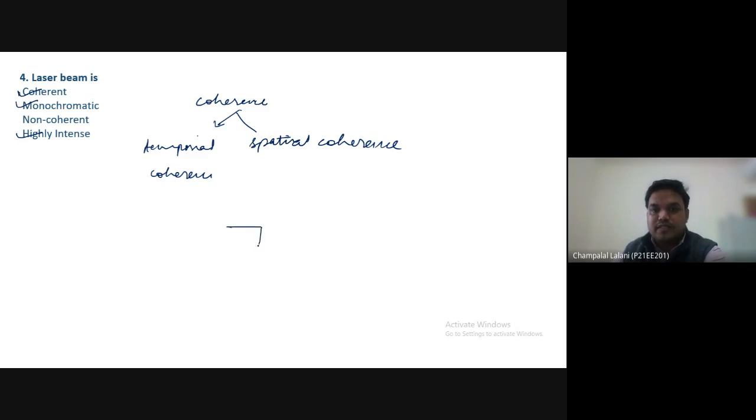One thing you can see in laser and LED. So this is LED and this is laser. Lasers are highly coherent in space. They are unidirectional and they emit only one wavelength kind of thing. Whereas LEDs emit light in all the directions.